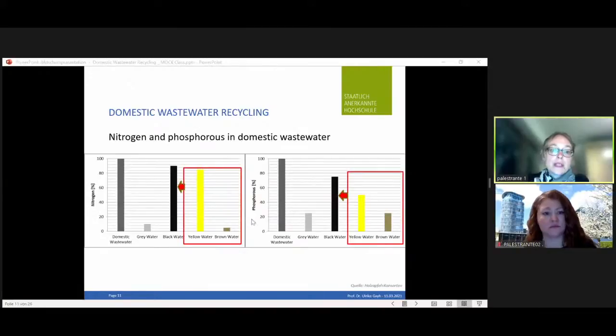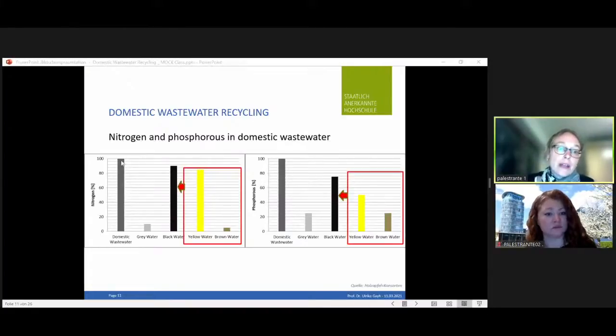I want to show this here once again with two substances, which are nitrogen and phosphorus. Nitrogen and phosphorus you use in agriculture for fertilizing, but if you have too much of this nitrogen and phosphorus, you have a lot of negative impacts in agriculture, but as well in lakes and rivers.